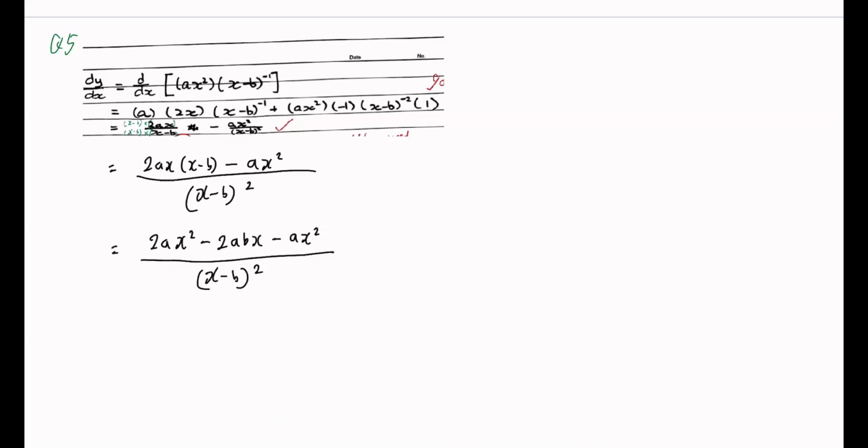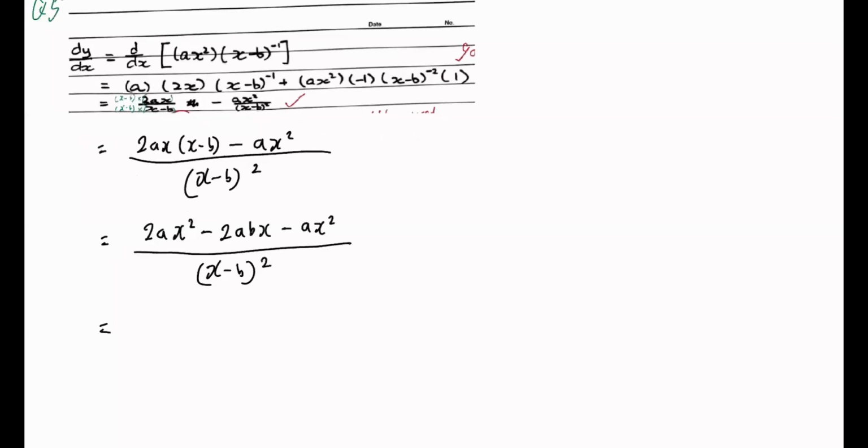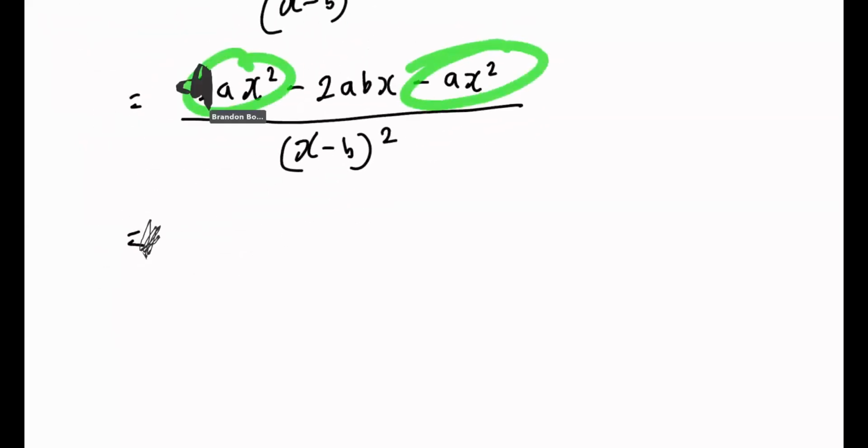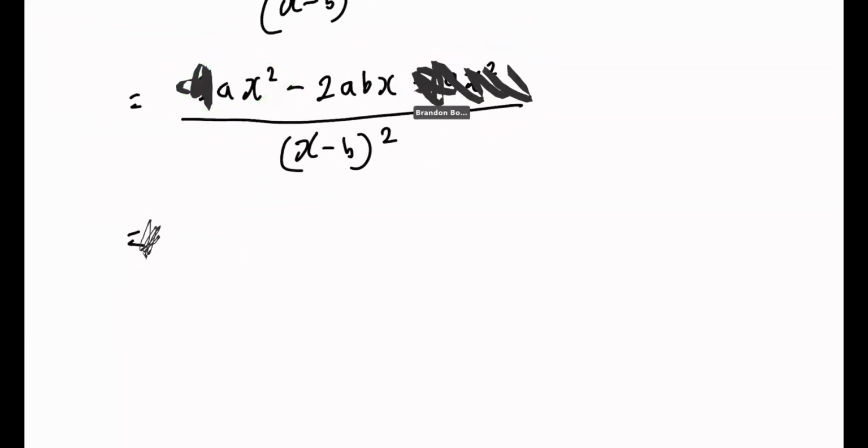So anything else we can simplify? In the numerator, take out ax squared. Yes, correct.